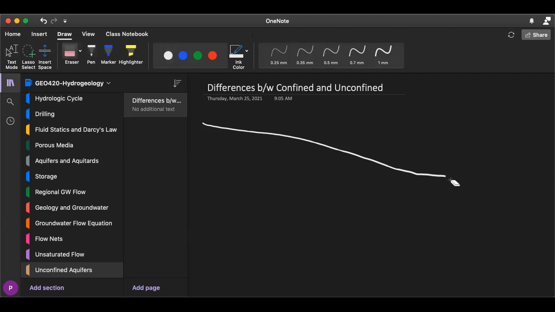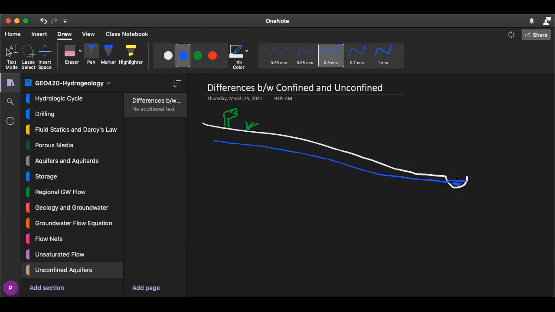My drawing's terrible right now. Here's some trees, so we know we're at the land surface here. And we've got a water table that is sloping and meeting the river here.